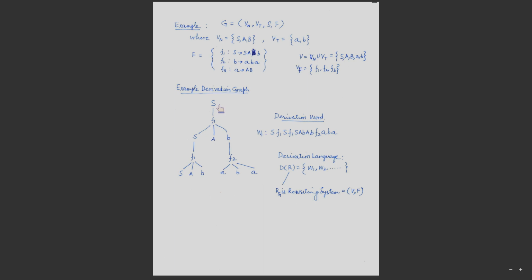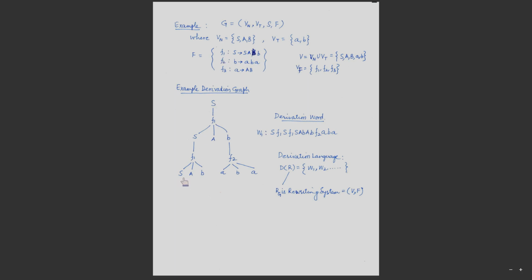So F1 production can be applied. So this is indicated in the graph as S, and we are applying F1 production and we are getting SAB. So on application of rule F1, we get SAB from S.